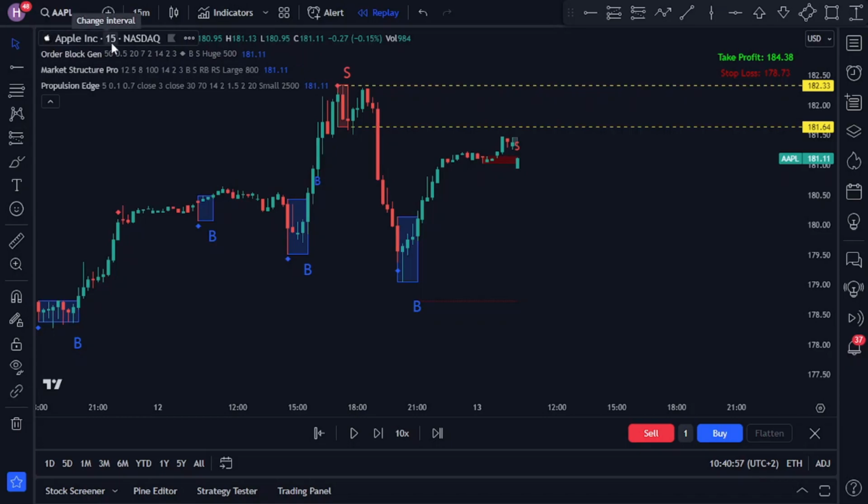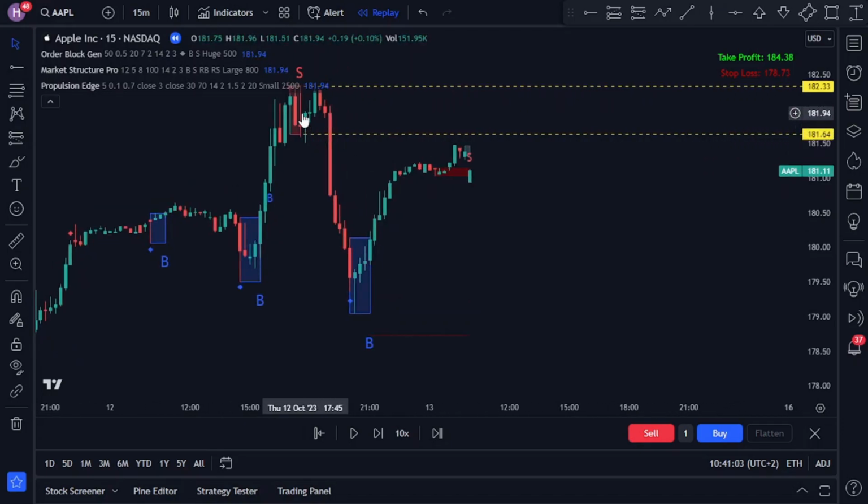On the chart, we have Apple in the 15-minute time frame. And following the same rules as before, firstly, we are waiting for an order block to be identified. In this example, we see a strong bearish order block which has been marked in red.